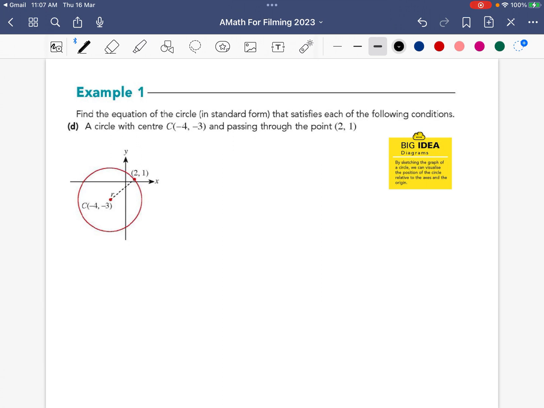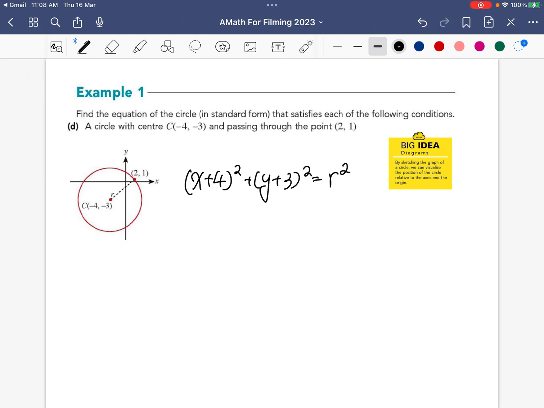Example 1d. A circle with center (-4, -3), passing through the point (2, 1). So it's the same thing again. I will just write down (x + 4)² + (y + 3)² = r². Same idea here, so we need to actually find the radius of this circle. The radius is between the center and the point (2, 1).